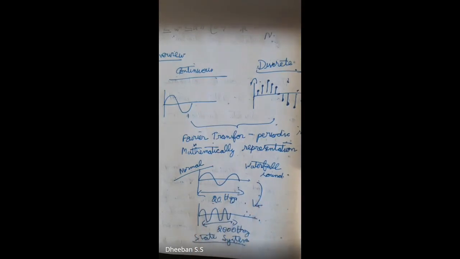For this representation only, you are studying DSP. Mainly, where are these signals used? They are used in image processing. Apart from that, to study a system, like I said with the waterfalls example. For these kinds of things, you'll be studying like this. Mainly, it is able to determine the nature and state of the system.